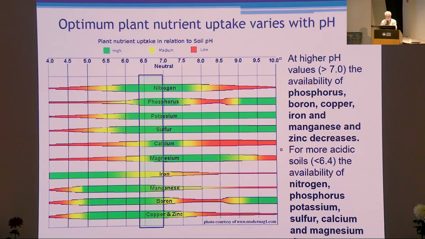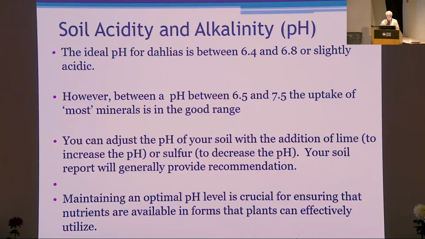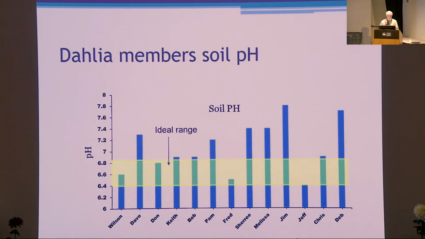There are some micronutrients that basically, if the pH gets a little too high, it interferes with those, but generally you can see there's a fairly broad range. And the reason I bring this up is usually what you'll see when you look at any kind of text on pH in the optimum soil, it'll say 6.4 to 6.8. But I think it's actually quite broader than that. And here you can see the ideal range of the pH in a variety of different dahlia growers.